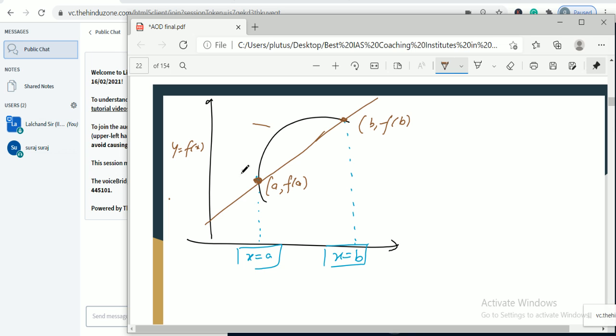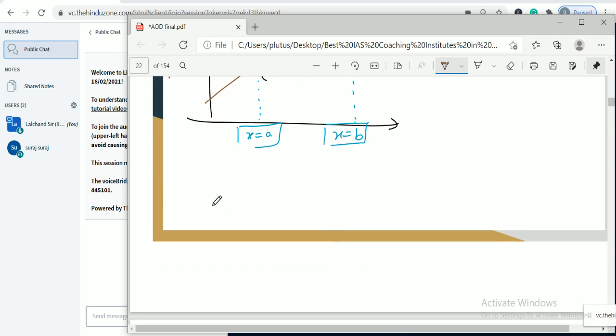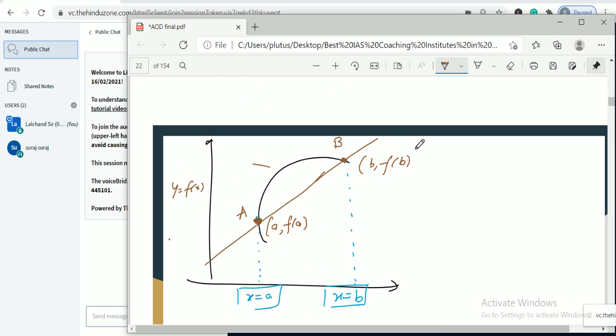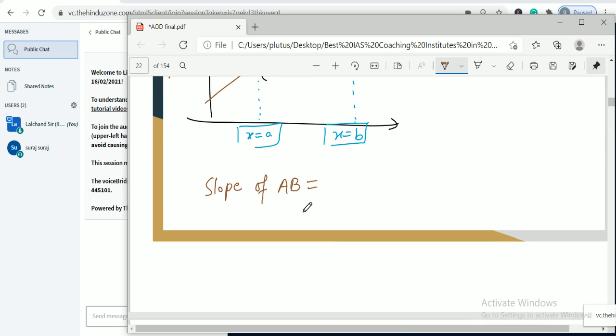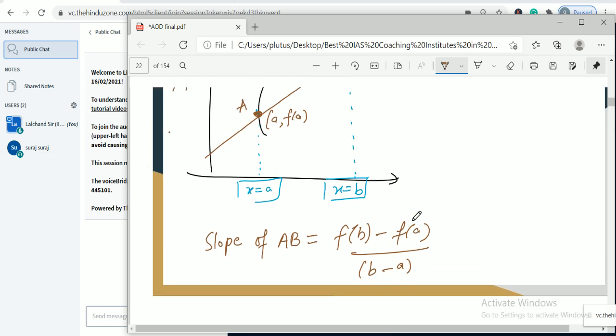The slope of AB will be simply y2 minus y1 over x2 minus x1. So simply f of b minus f of a divided by b minus a, isn't it? This is the slope of AB.